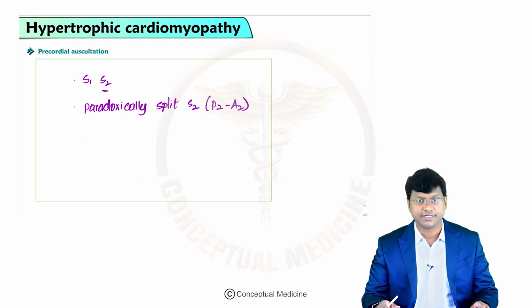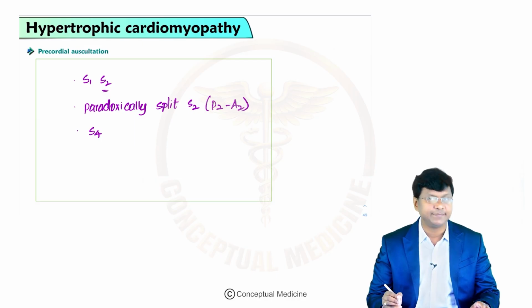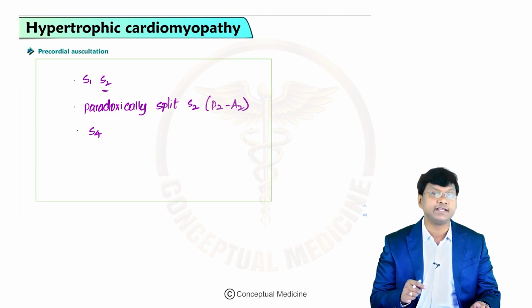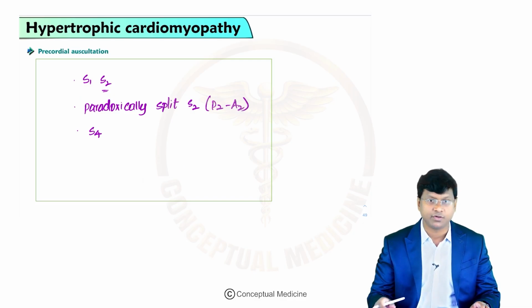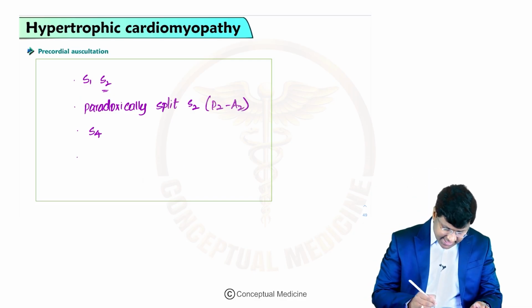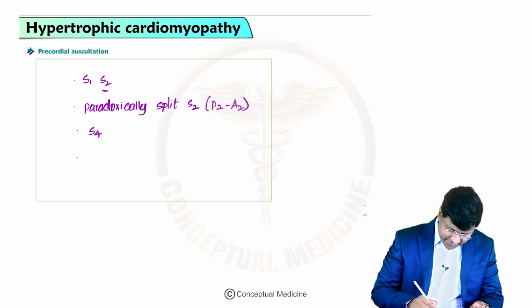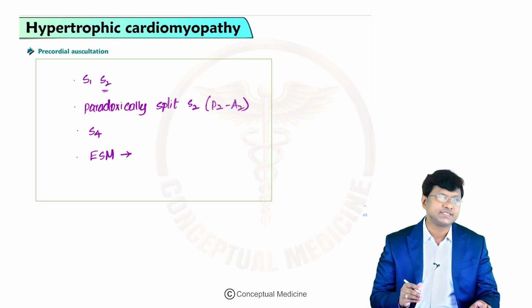ventricle into the aorta. In these patients with hypertrophic cardiomyopathy, you also have the presence of S4. And why is that? That is because of forceful left atrial contraction. And the characteristic murmur in these individuals is the ejection systolic murmur.